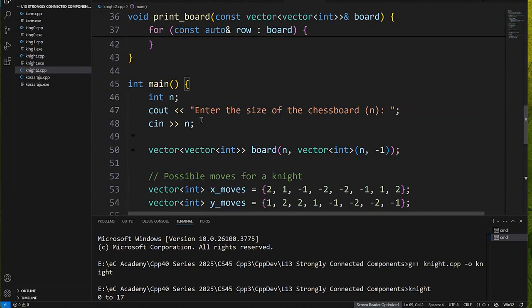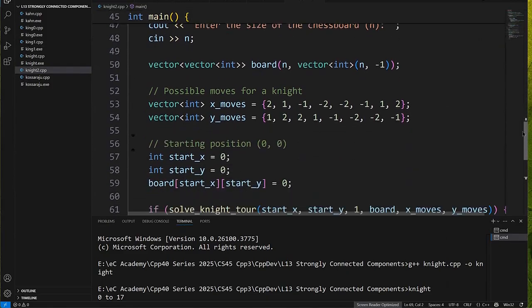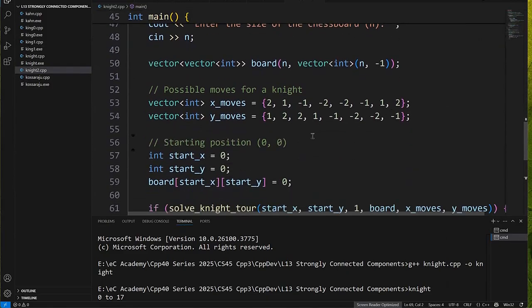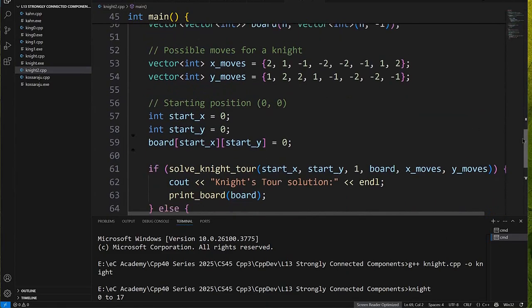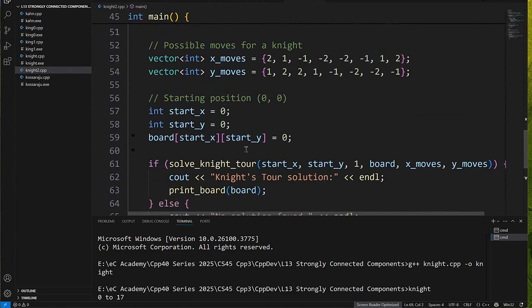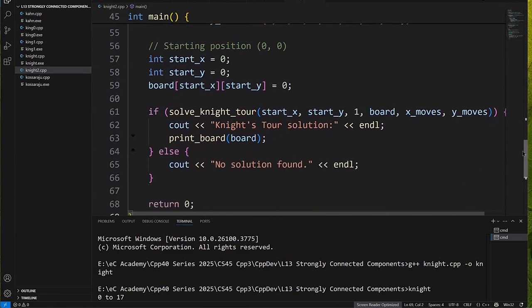So let's input 8. Then you create a board of the 8 by 8, okay? And then the possible move for knight is like this. And your starting position right now set to 0, 0. And then you would have a destination location.